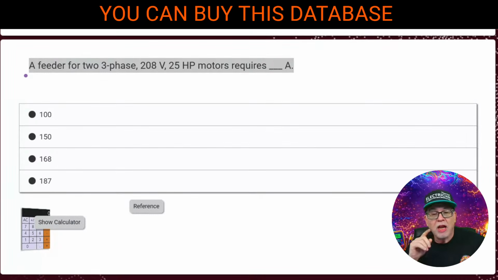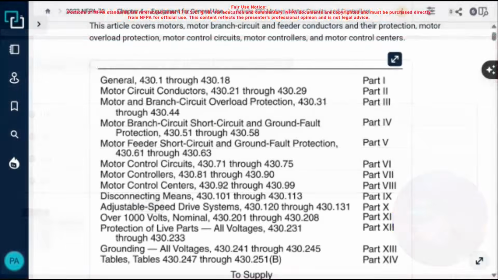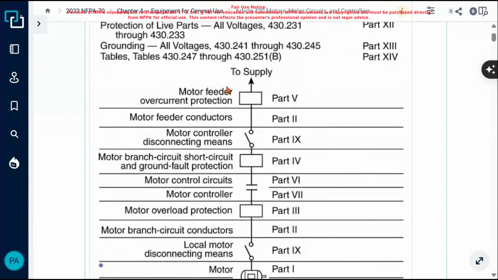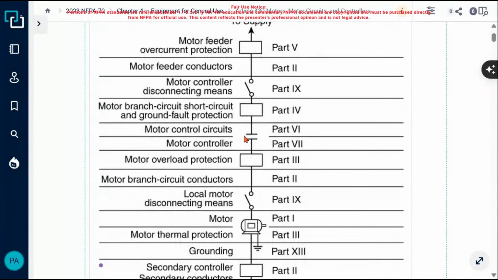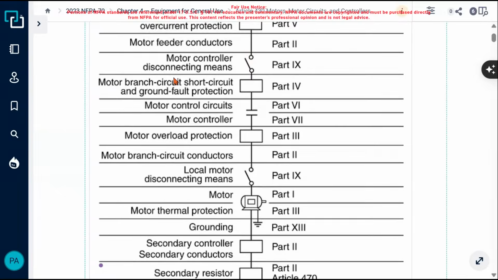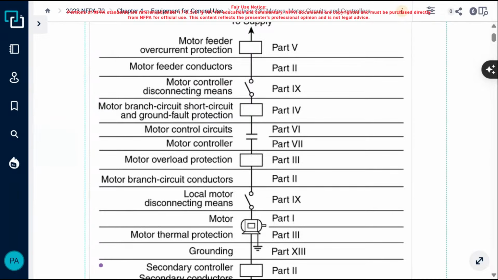But check this out. Let's go down and look at the graphic or the illustration, right? And here we see kind of a layout of everything, right? So here's your branch circuit protection, everything right here. We're looking for conductors. So for the conductors right here, motor feeder conductors.